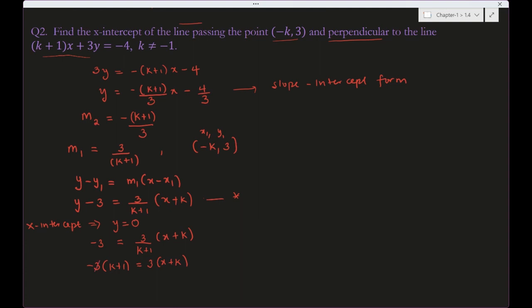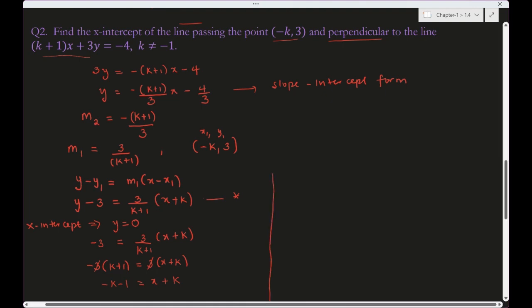Now clearly we can drop 3 and 3. So here we just have minus. If you expand, this minus goes into this bracket. You have minus k minus 1, and this would be x plus k, right? So let's finish it here.